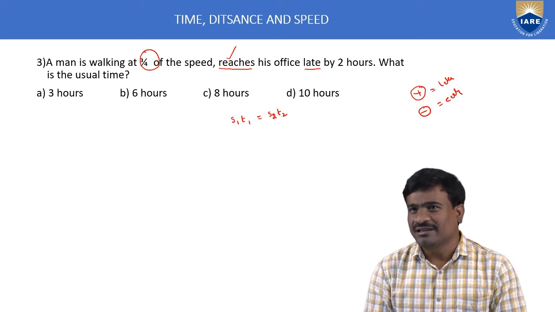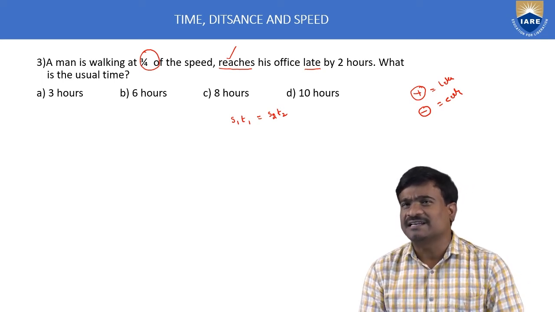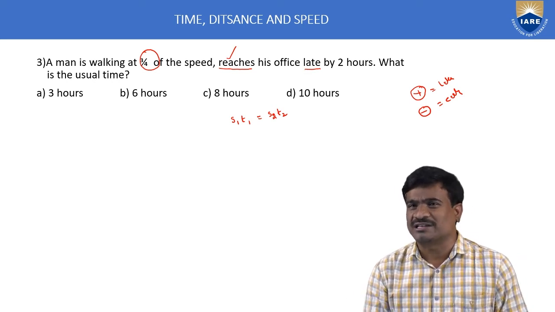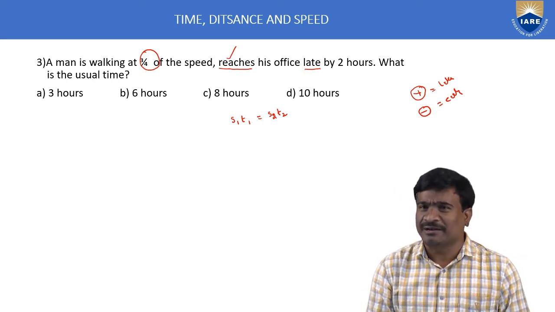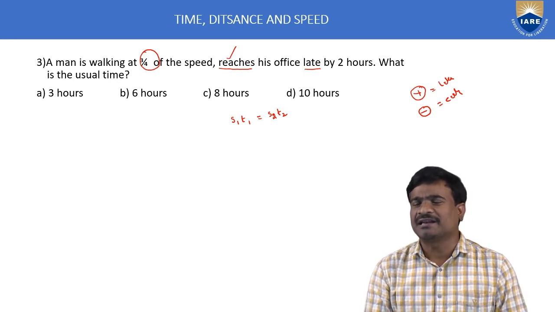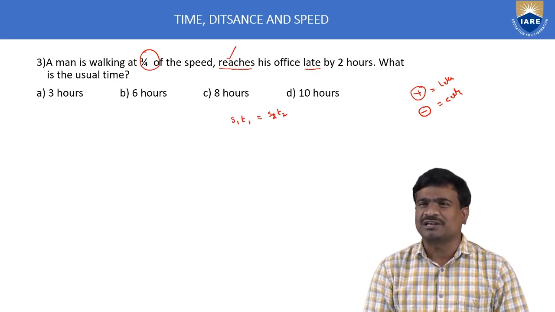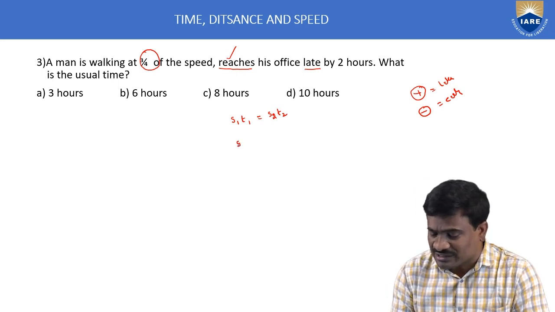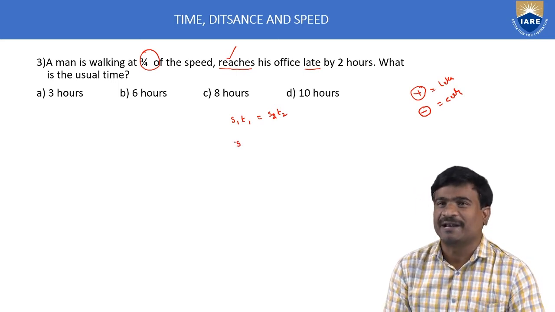Next method, "reaches" means distance is always constant. S1 T1 is equal to S2 T2, but it is not directly given; indirectly, "reaches" indicates S1 T1 is equal to S2 T2. Here S1 indicates the usual speed.